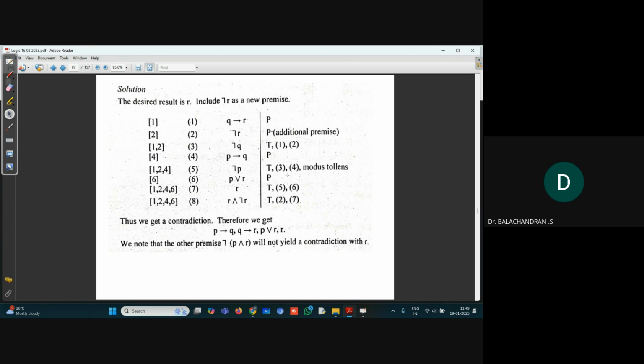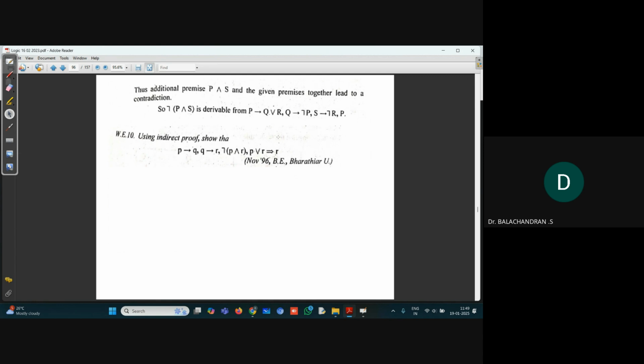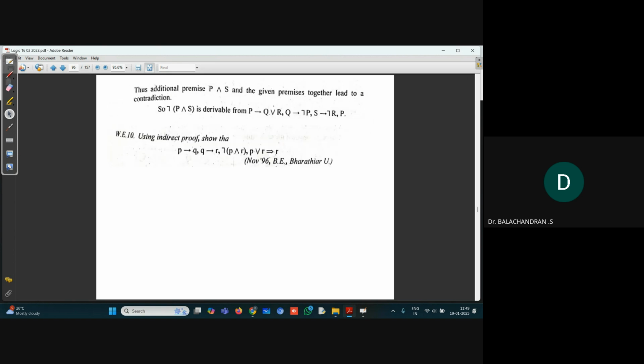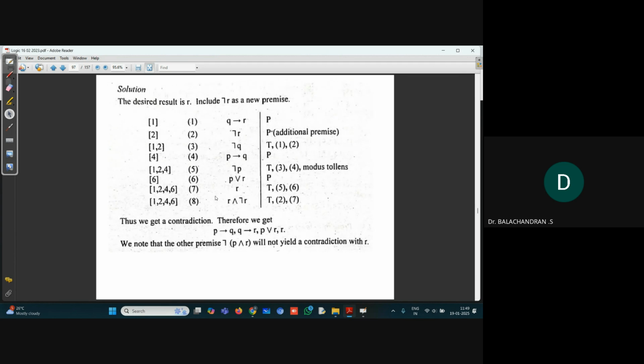I will tell you what the problem is. The desired result is R. So now I need to use how many premises? 1, 2, 3, 4 premises. I should get R using the indirect method of proof.